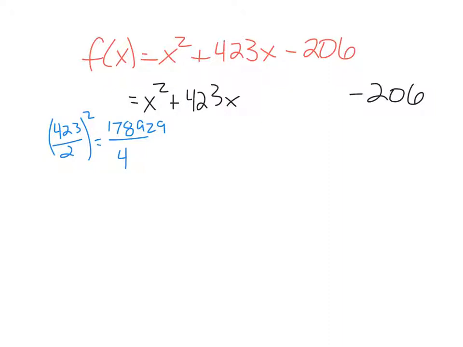So then what do we do with those numbers? 423 over 2 squared. So, plus 423 over 2 squared, minus 178,929 over 4. Oop, that's supposed to be a squared.